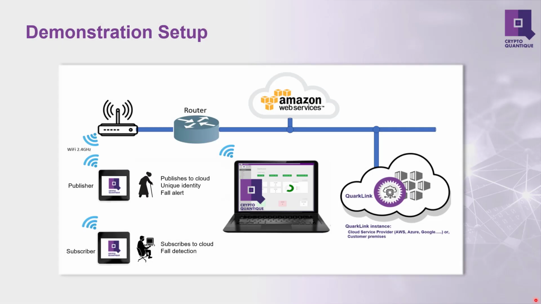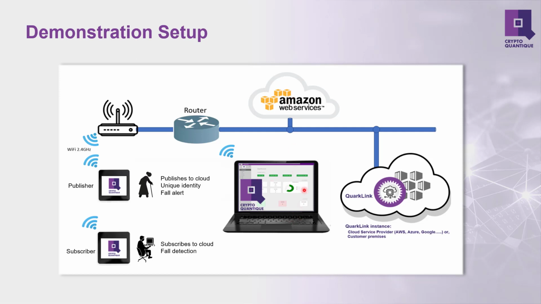Let's have a look at the demonstration setup. Over here you can see the QuarkLink that's running in the cloud. You can also see Amazon Web Services, which is used in the demonstration. These are all connected via the network. Also, we'll be using an MQTT broker that's integrated into the QuarkLink, and we'll demonstrate the switching between this broker and the broker that's actually part of the AWS services.